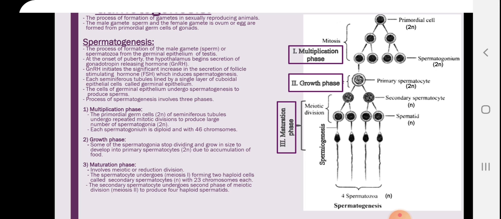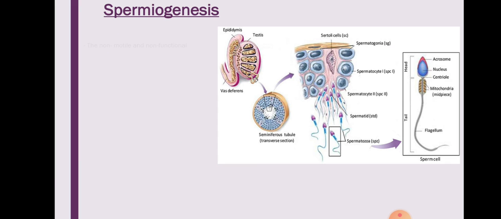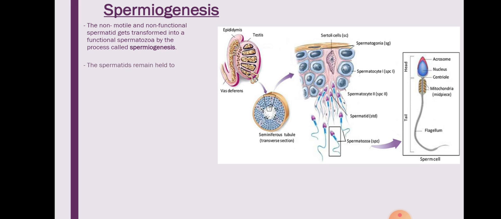Now this phase is called spermiogenesis. From spermatid, formation of sperm takes place. A non-motile, non-functional spermatid gets transformed into a functional spermatozoa by a process called spermiogenesis.